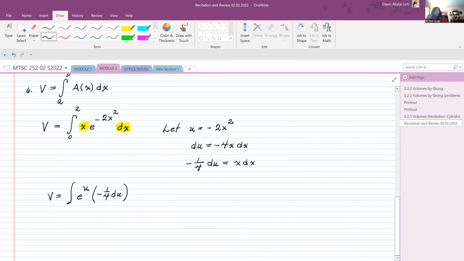And what about my limits of integration? They still need to be brought down, right? Okay, but they need to change as well. We want everything to go from x to u.